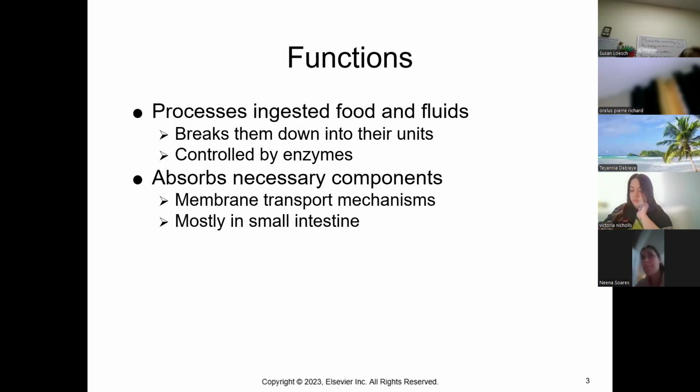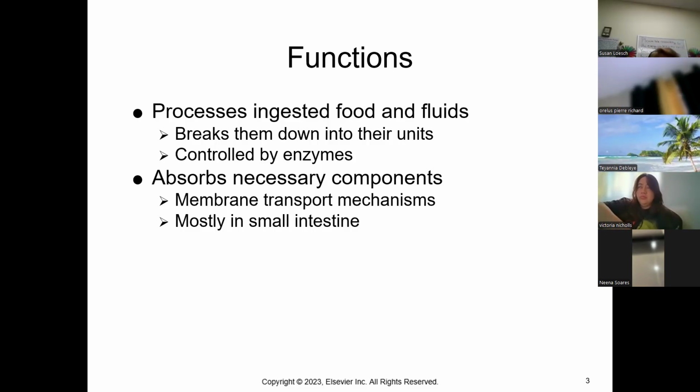Some of the functions: your mouth obviously takes the food in. That's where the mechanical breakdown starts. Cells that line the stomach have mucus, hydrochloric acid, and pepsin. And pepsin is what's going to help break down those proteins. The hydrochloric acid provides that acidic environment that the pepsin needs in order to break down those proteins.